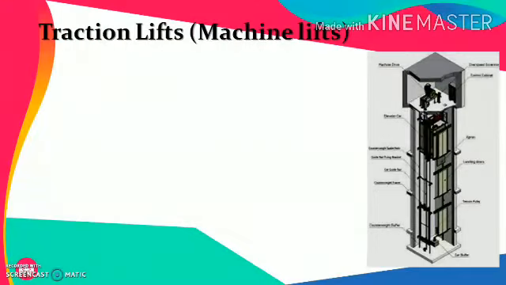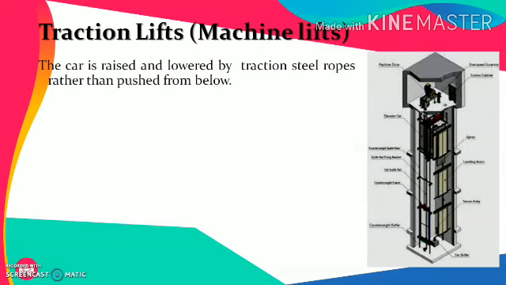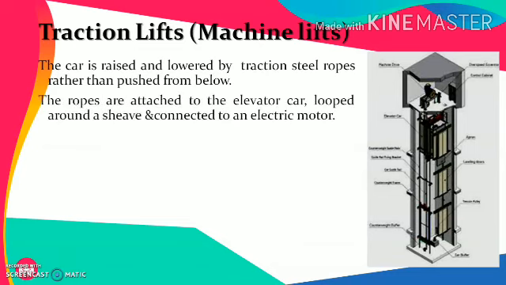Second is the traction lift or machine lift, which is very common in this part of the world. In this, the car is raised and lowered by traction steel ropes rather than pushed from below. The ropes are attached to the elevator car, looped around a sheave and connected to an electric motor. A sheave is a pulley-like thing used to operate the lift.